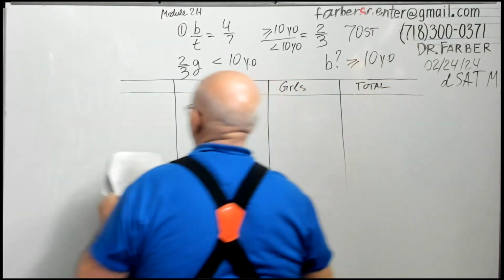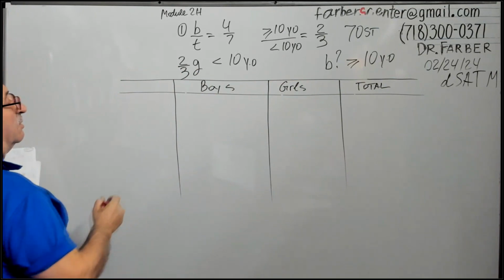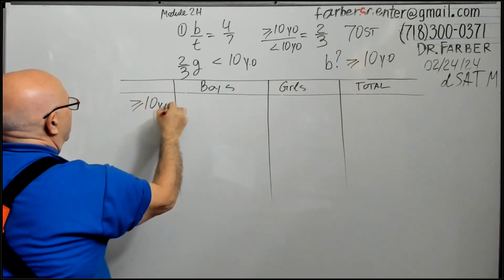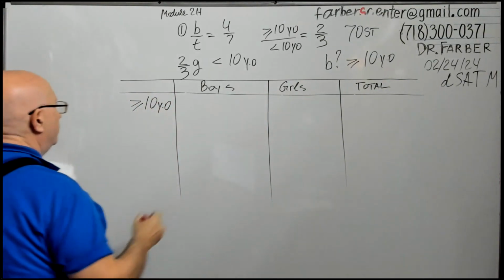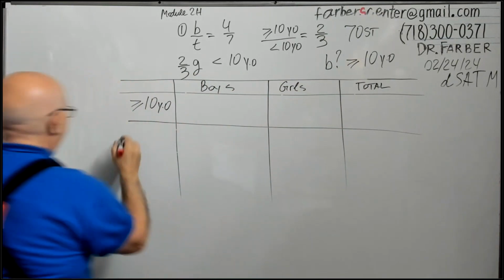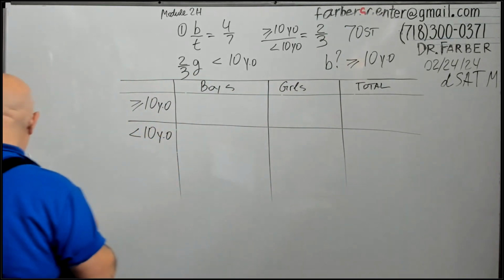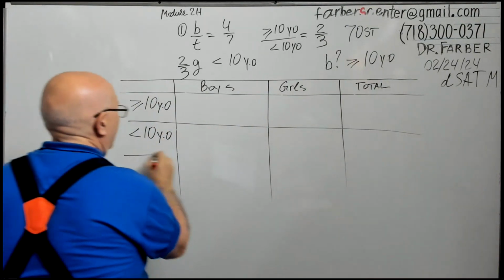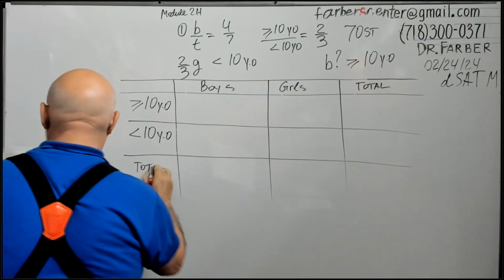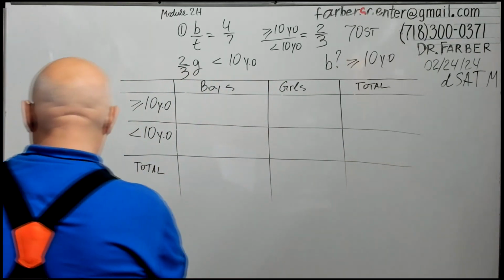And we have two categories of students: greater than or equal to 10 years old, and less than 10 years old, and total. So far so good.